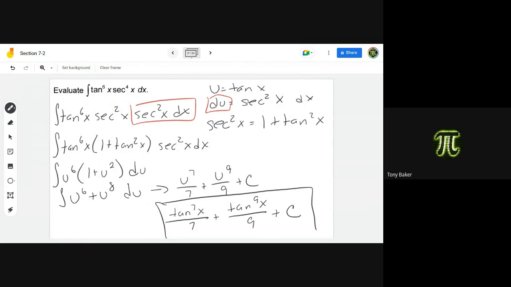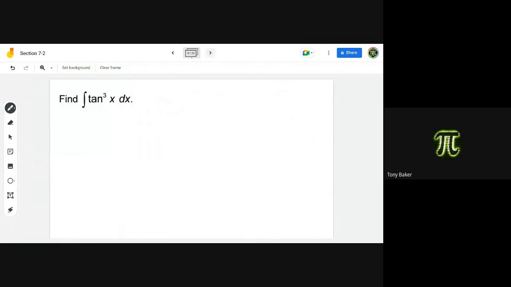All right. What about this one? So this one, tangent's odd, right?